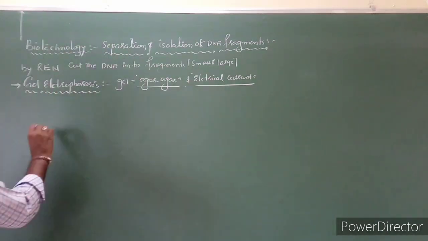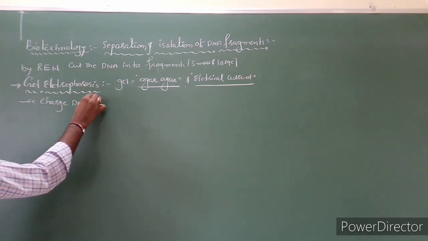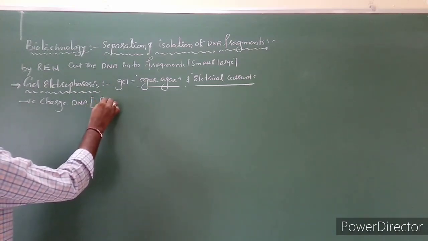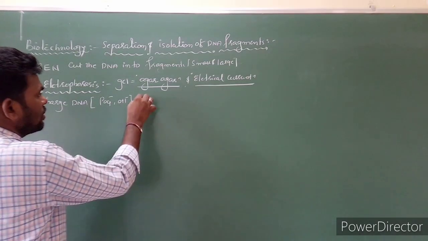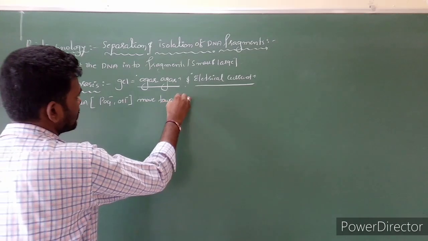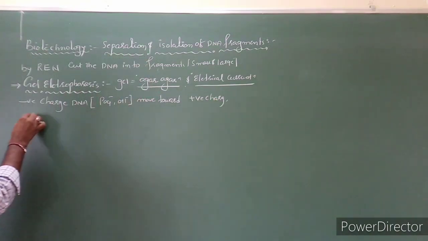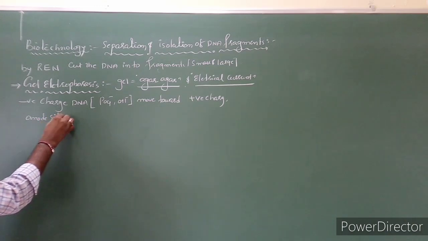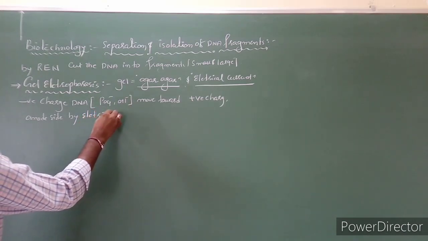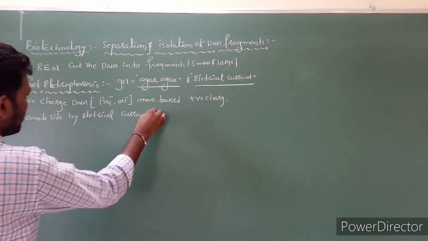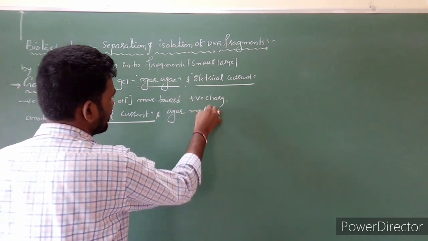Let's write it. Negatively charged DNA molecules, given the negative charge by PO4 minus as well as OH minus, move towards the positive charge, the anode side, by using electrical current through the agar medium.